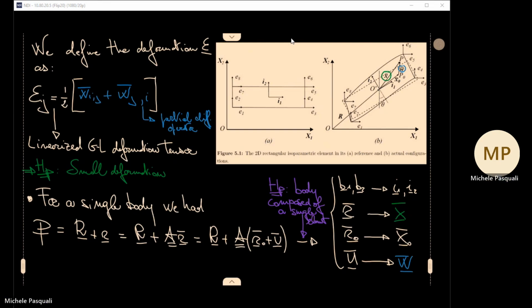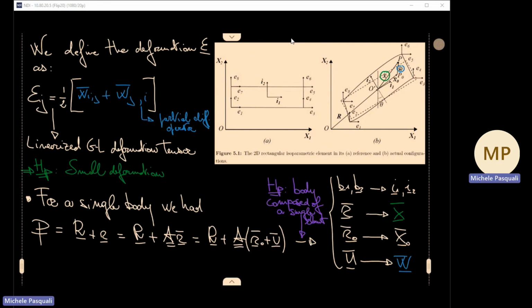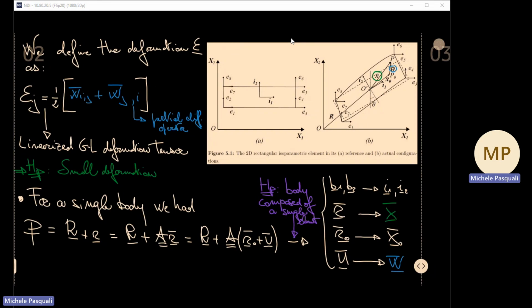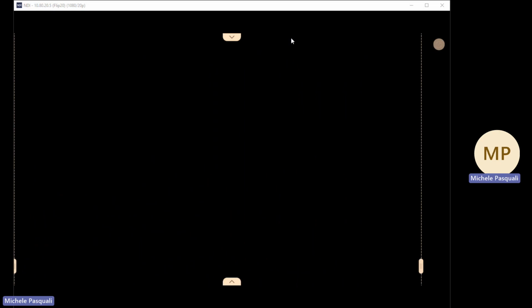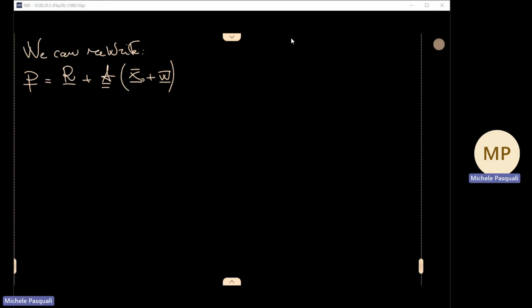This means that we can rewrite this equation as such. P, which is always the position of a point of the body, equals R plus A applied to X0 over bar plus W over bar.